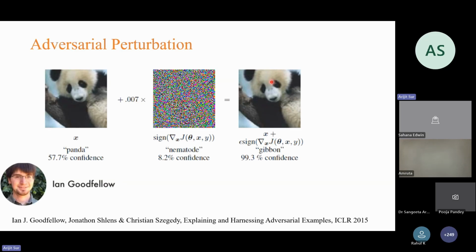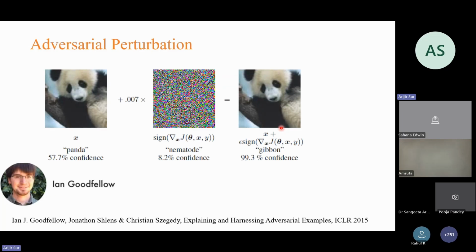A human would always say it is a panda image, but the noise makes the image vulnerable, so the trained model misjudges or misclassifies it. It says no, it is not a panda, it is a gibbon.